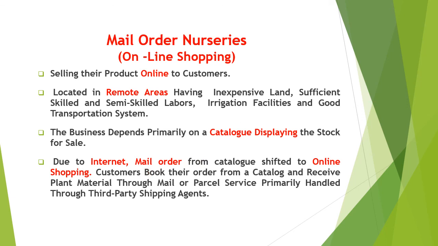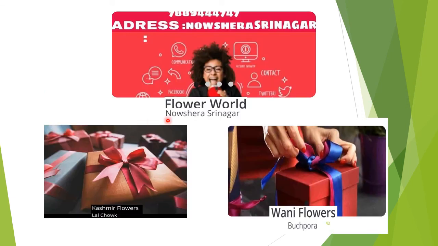They are called mail order nurseries. In Kashmir, we also have Flower World, Kashmiri Flowers in Lal Chowk, Wani Flowers. They send flowers and ornamentals on order during birthday functions or other functions.